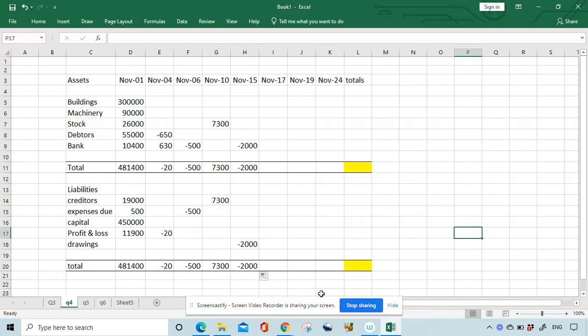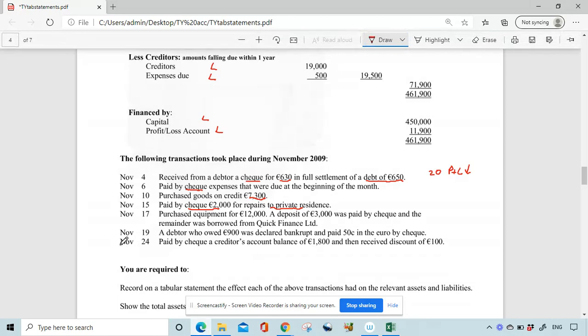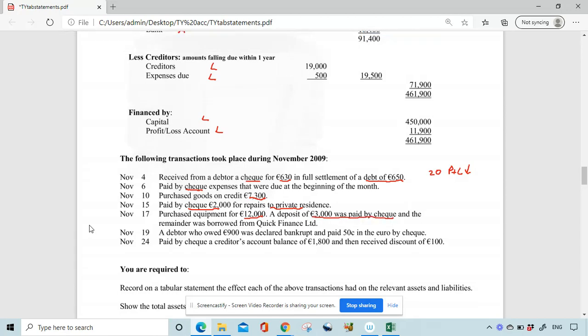Okay, that's November 15th. November 17th, we purchased equipment for 12,000. So equipment is going to go up by 12,000. We paid 3,000 by cheque, so our bank account will go down 3,000. And we borrowed the rest from Quick Finance. So 12,000 minus 3,000 is 9,000 we borrowed from Quick Finance.